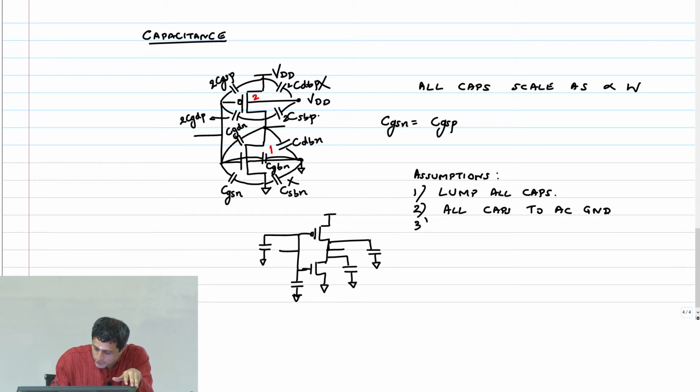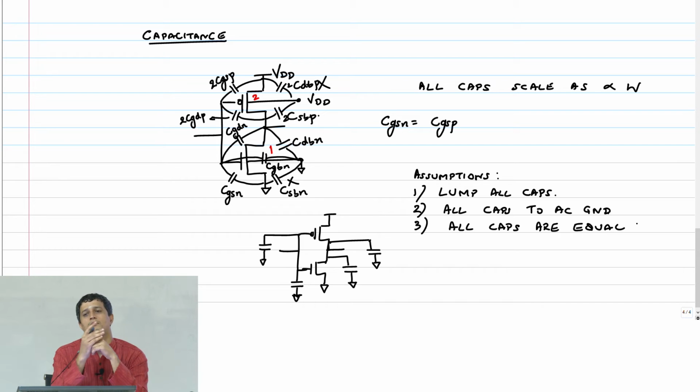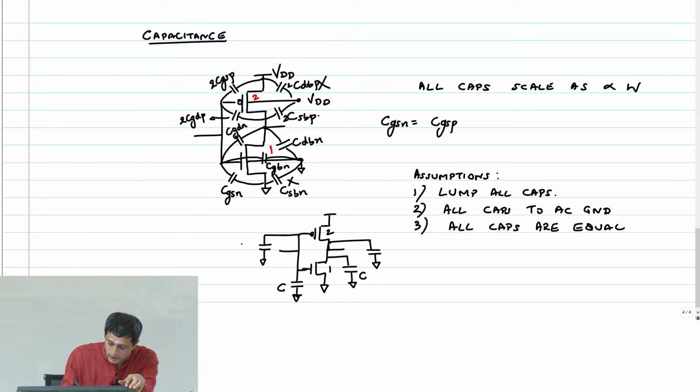So third assumption is all caps are equal. Which implies this is C, this is also C. Of course, this is size 1, this is size 2. Therefore, this is 2C and this is 2C.